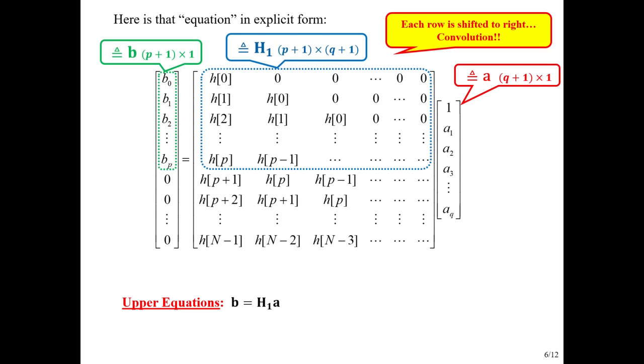But let's break this down into a couple different parts. So let's first look at the upper equations, because notice that this thing here has two different natures. Up here, it has to be equal to the actual coefficients that we're trying to pick. We don't know what those are, right? So here's the conundrum, right?